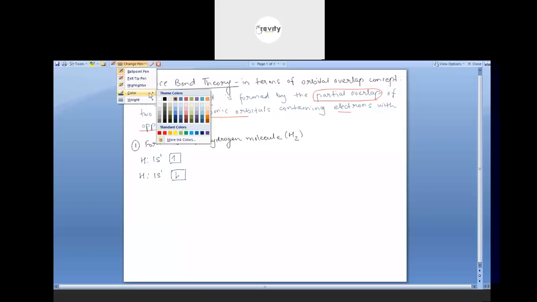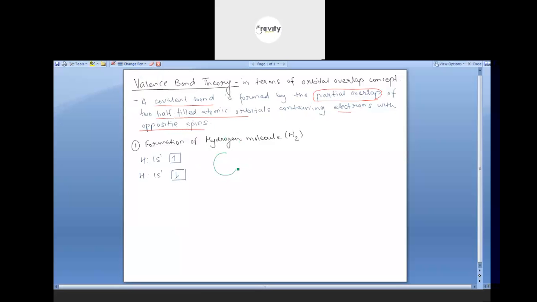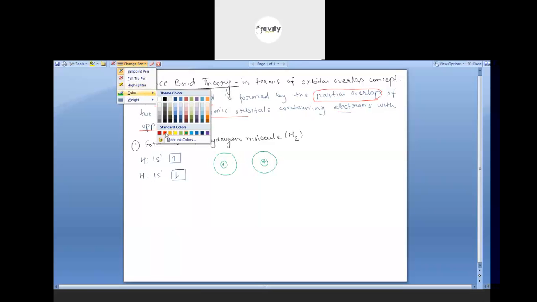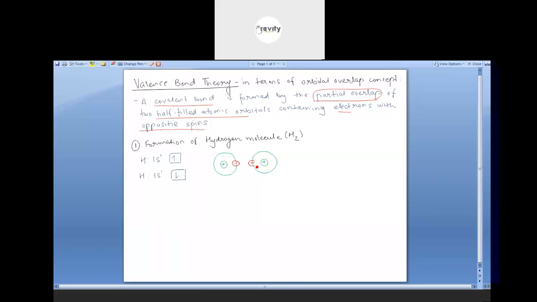Now, considering two hydrogen atoms approaching each other, let's have their electron cloud picture. Here is one of the hydrogen atoms. Here is the second hydrogen atom. They both have single electrons in the outermost shell, one having clockwise and the other anti-clockwise spin.